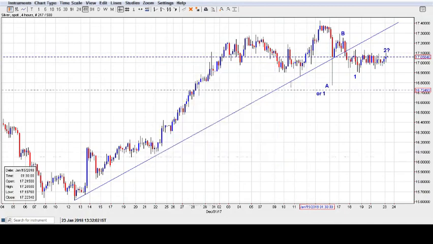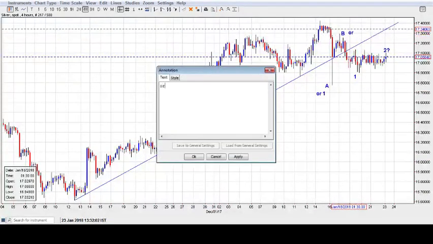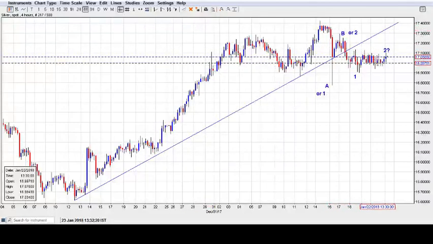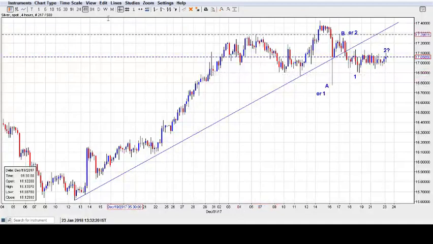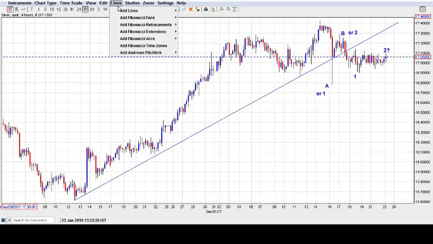I think that should be wave A or wave 1 as an alternate, wave B or wave 2 as an alternate, and then there could be wave C or wave 3, which could be pulling prices lower.